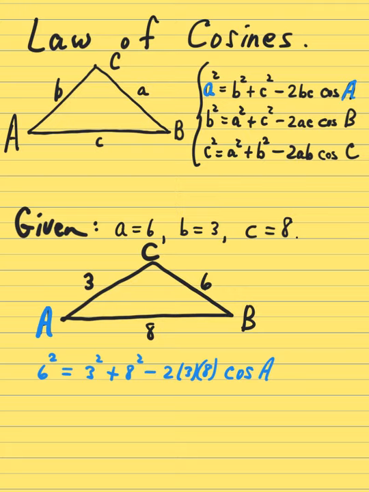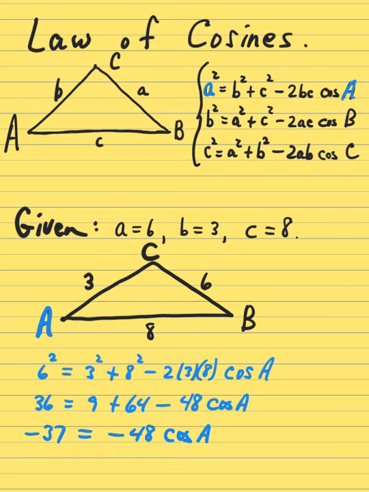Okay, well, let's start solving. And we're going to get 36 equals 9 plus 64 minus 2 times 3 times 8, that's 48, cosine of A. Okay, if we subtract 9 and 64, so let's do 36 minus 9 minus 64, that's negative 37, equals negative 48 cosine A. Divide both sides by negative 48.